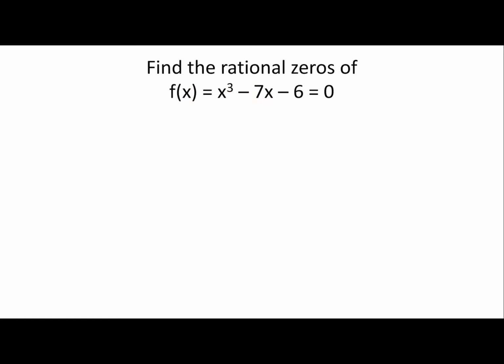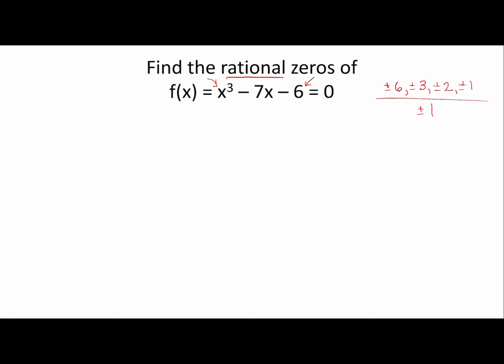If we're trying to figure out the possible rational zeros of f of x equals x cubed minus 7x minus 6, then the factors of my constant over the factors of my leading coefficient are the only possible rational zeros, whether fractions, decimals, or integers. So we're working with plus or minus 6, plus or minus 3, plus or minus 2, and plus or minus 1 over plus or minus 1.